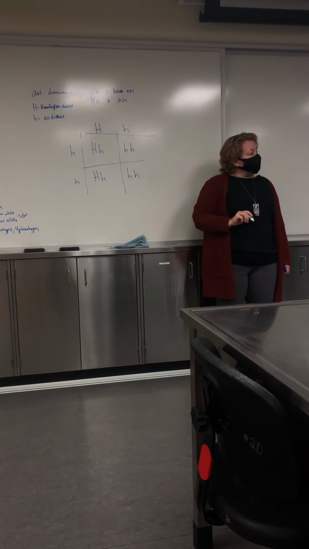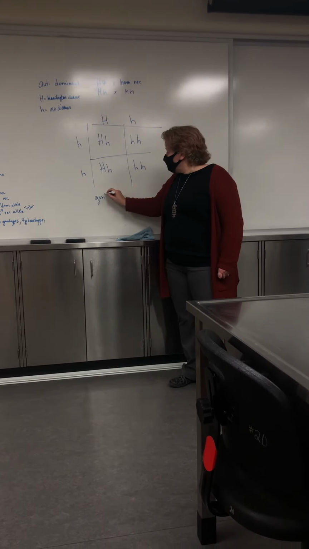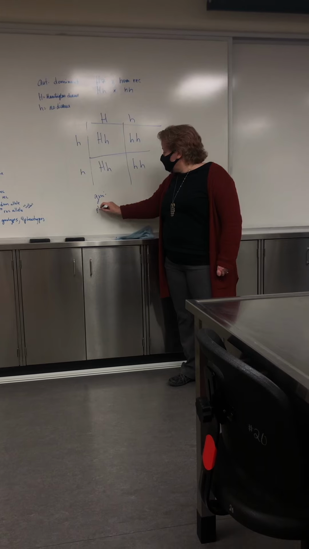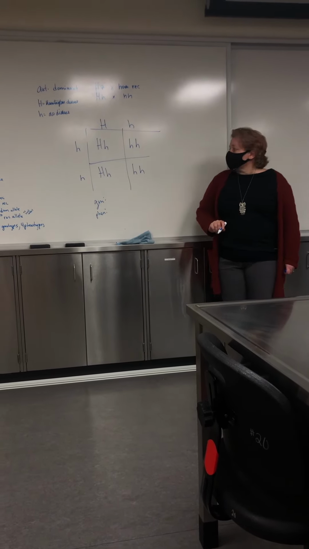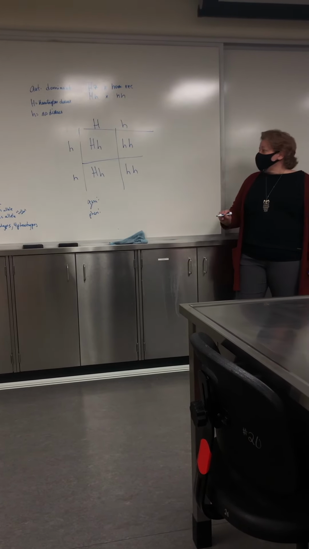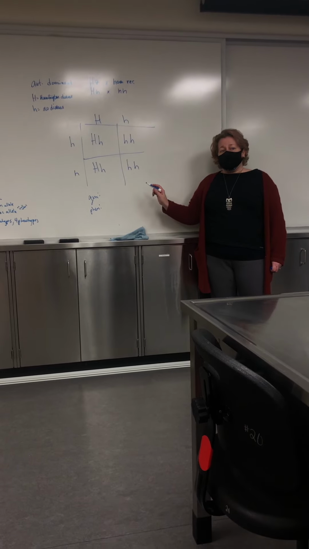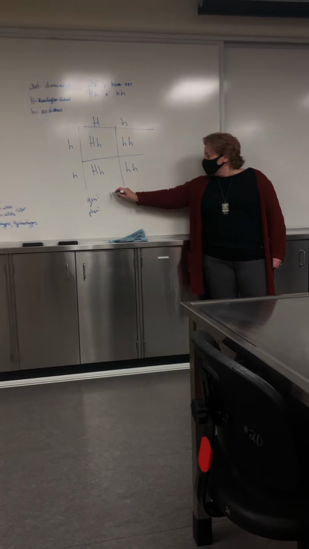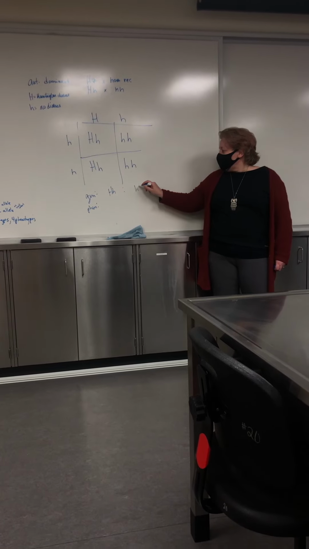Go ahead and do your phenotypic and genotypic ratios. In this generation, how many of the four are going to have a big H, small h? And how many are going to have a small h, small h?